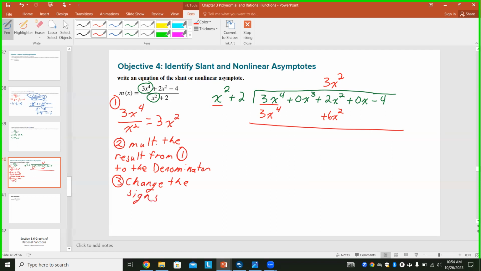So I'm going to come over here. This positive 3x to the fourth will now become a negative. This positive 6x squared will now become a negative 6x squared. And then the last step is combine like terms.